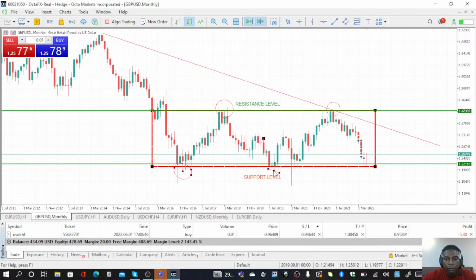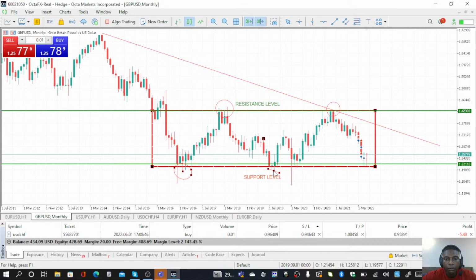Now the interesting thing is that we need to know the most likely place where price would get to. Let's pay attention to the support levels. If you look at this level here, price was rejected at this level, and the same thing happened at this level. Now look at this level where there is a long wick. It shows massive price rejection.